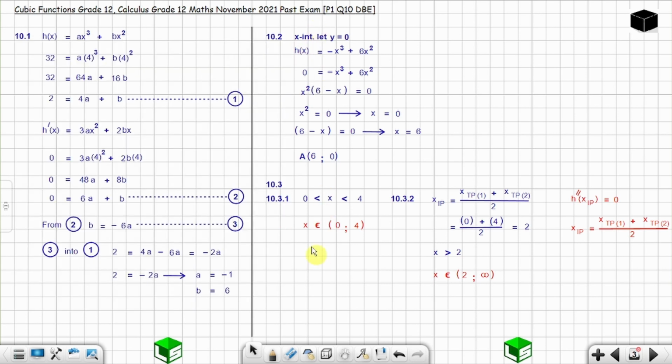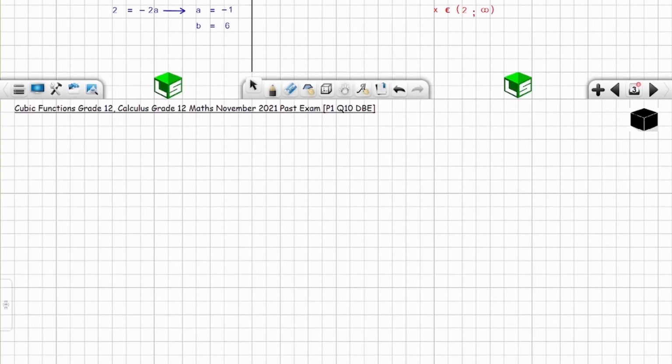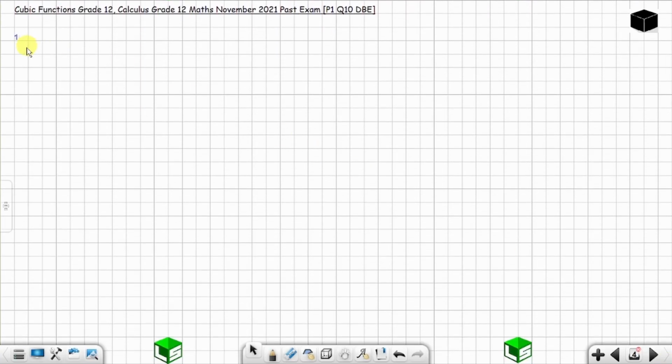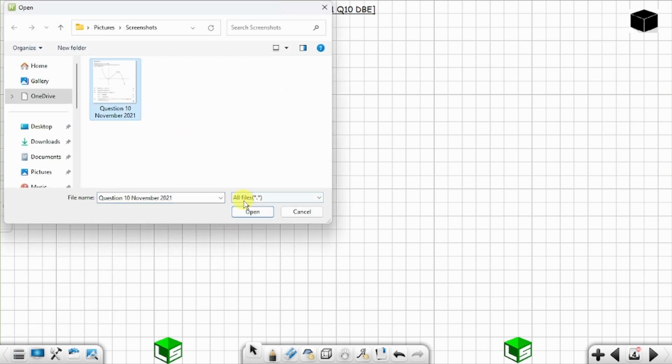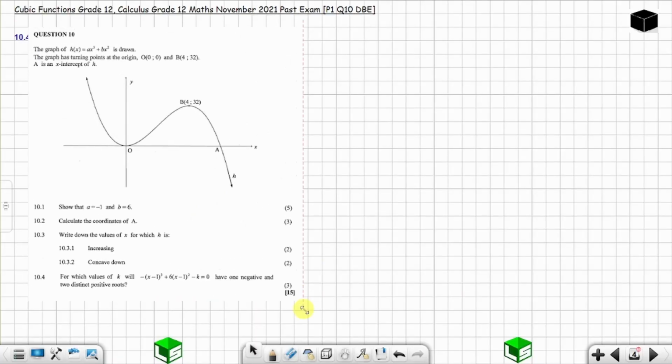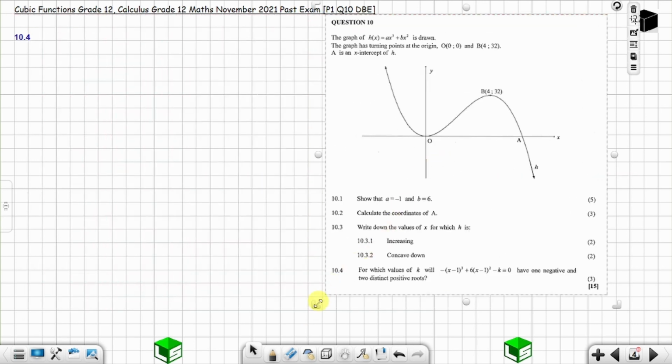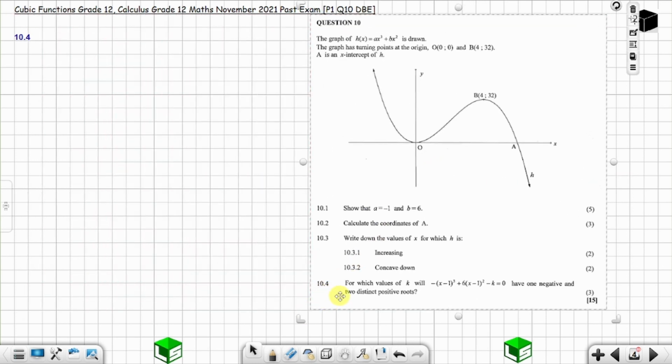Now it's question 10.4. Let me get the question again. For which values of k will minus (x minus 1) cubed plus 6 times (x minus 1) squared minus k equals 0 have 1 negative and 2 distinct positive roots?